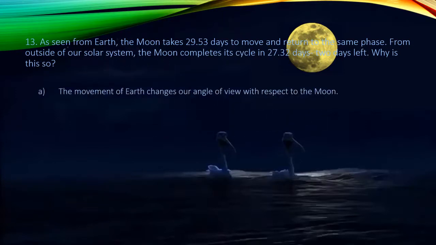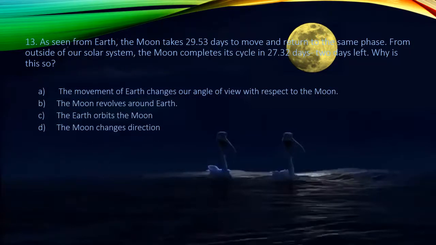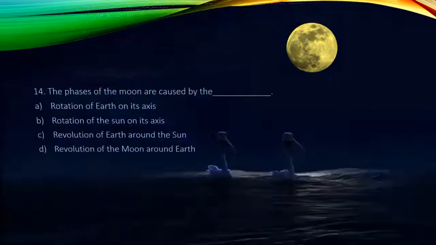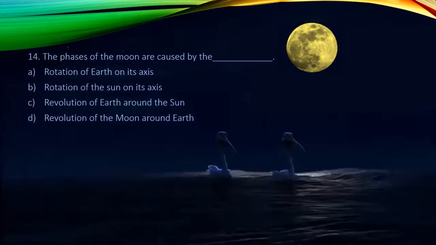A, B, C, or D? The phases of the moon are caused by the rotation of Earth on its axis, rotation of the Sun on its axis, revolution of Earth around the Sun, or revolution of the Moon around Earth.